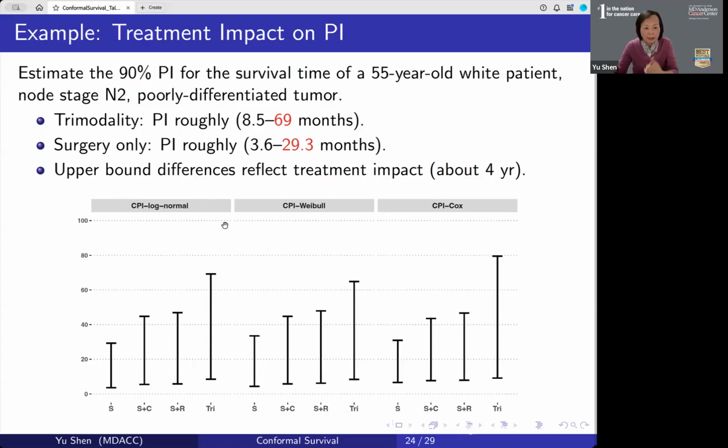If I was that patient, I think I would choose trimodality, right? The minimum, the worst scenario, is about the same. So using the existing method, if we can only estimate the lower bound, it's not that informative.